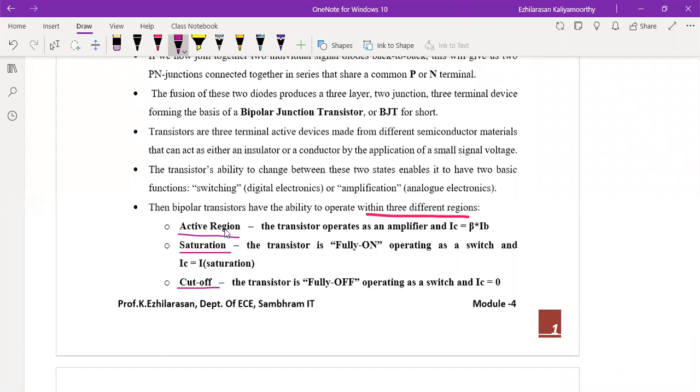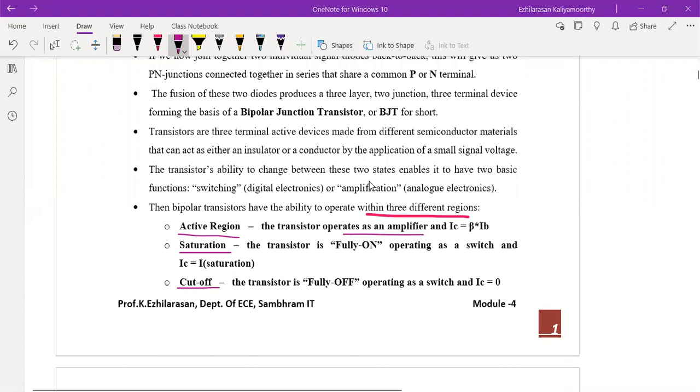The active region means the transistor operates as an amplifier. Normally, as I said, the transistor acts as an amplifier when it is working in the active region.